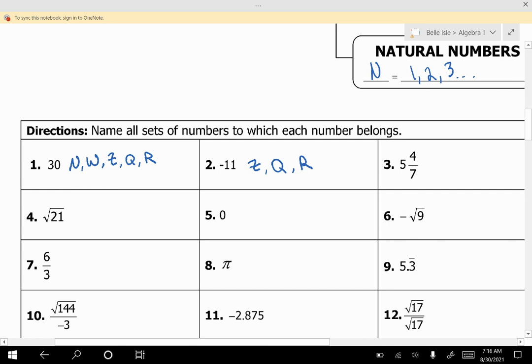Okay, so let's look at one where we might have the I involved. So number 4. So if it does have the I involved, it's going to end up being I and which one? It should be I and R.